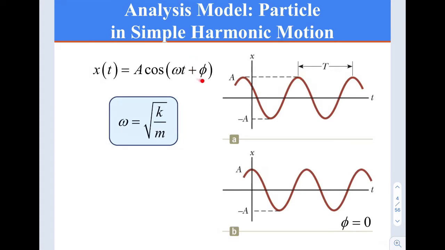It has phi. Where is the phi? The phi is here. The phi is talking about the condition whenever your t is 0. The object is already at a certain angle, which is already displaced at a certain angle, not starting at maximum amplitude or maximum displacement, also not starting at the 0, or equilibrium position.